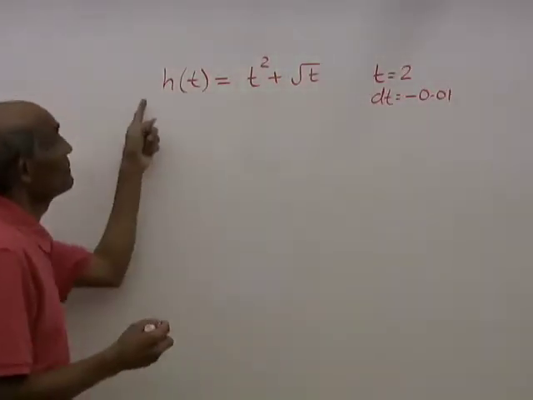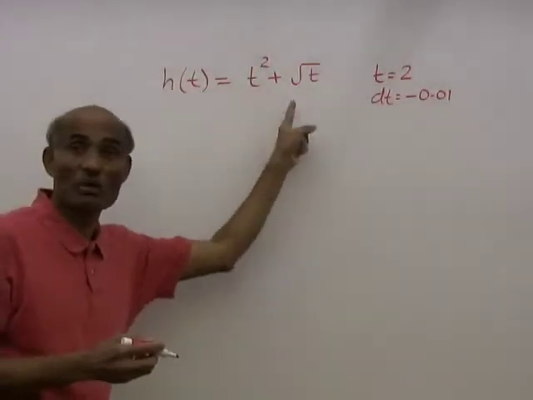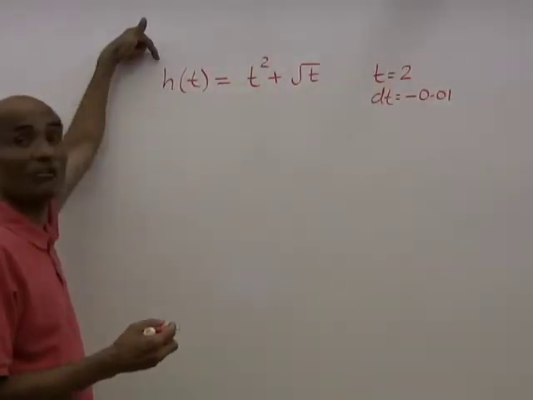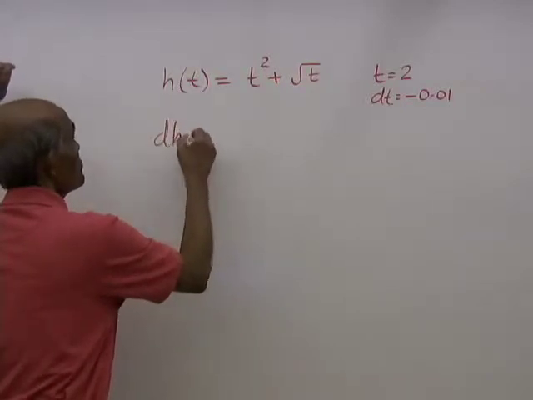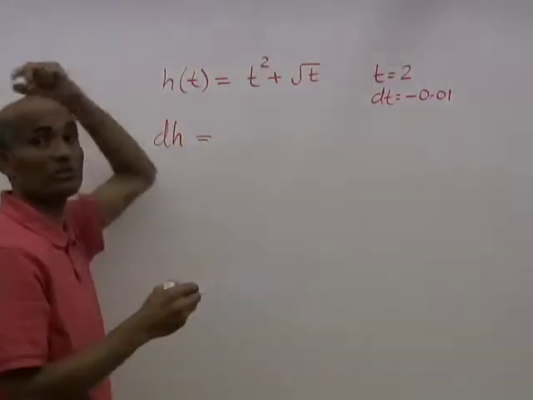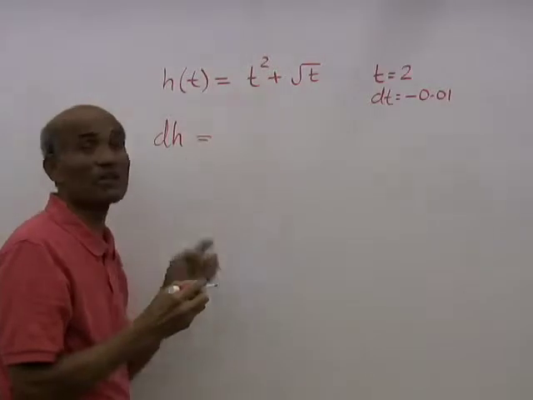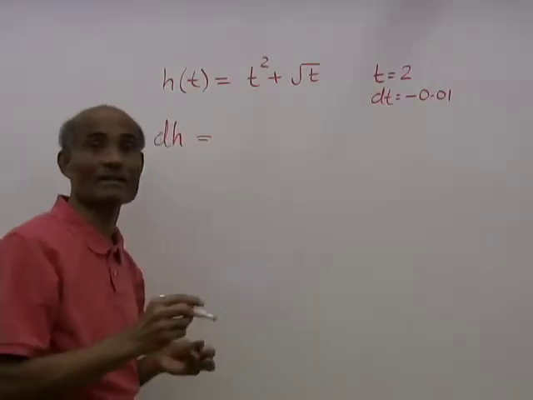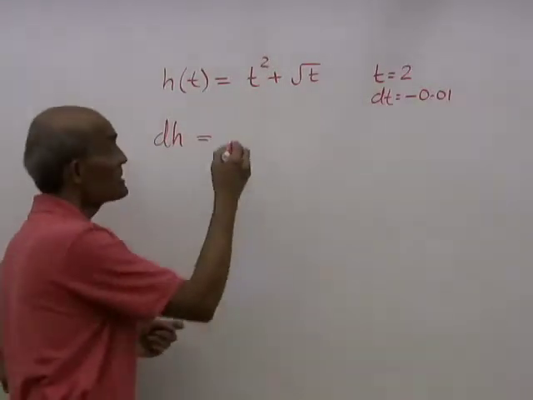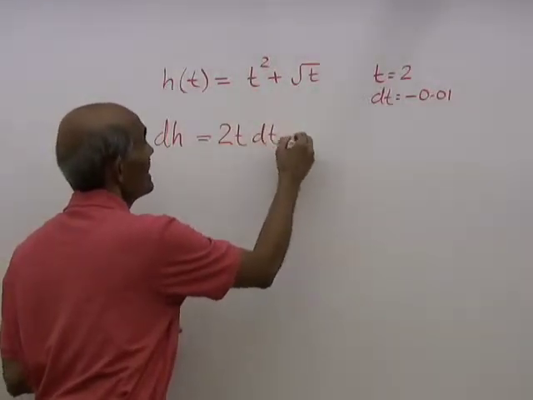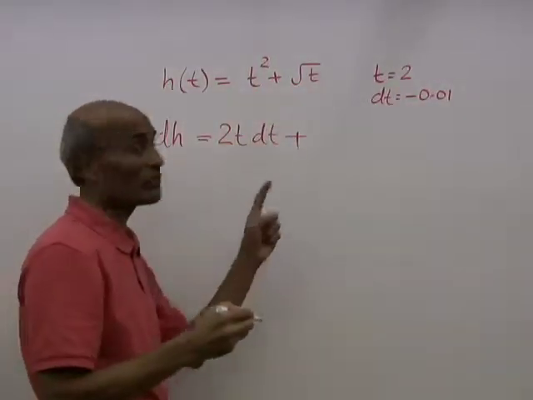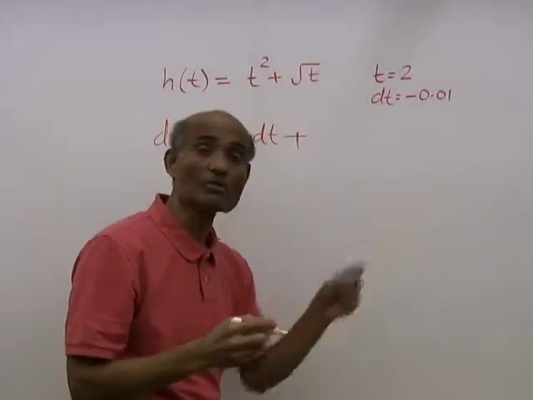Well, we find the differential of both sides. What is differential of h? Differential of h is dh. So we get dh equal to, tell me what is the differential of t squared? The differential of t squared is 2t dt plus, what is the differential of square root of t?